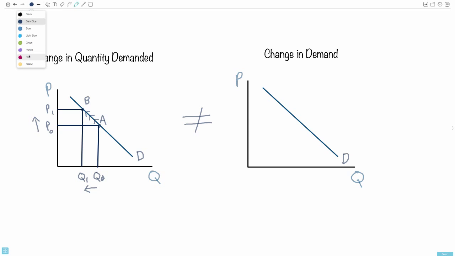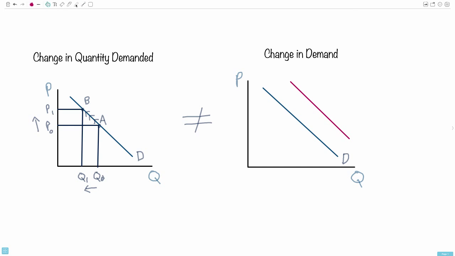In fact, let me change color here. A change in demand can only be triggered if any of the demand determinants is changing. So, for example, let's suppose that the income of households in this market is increasing.